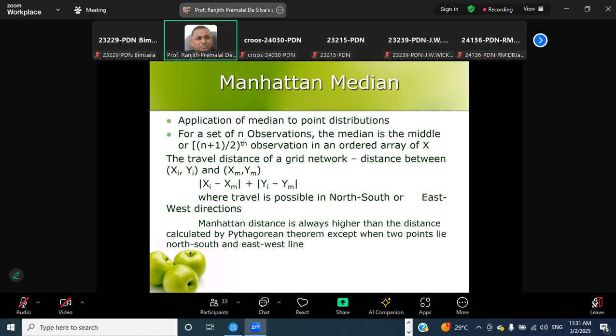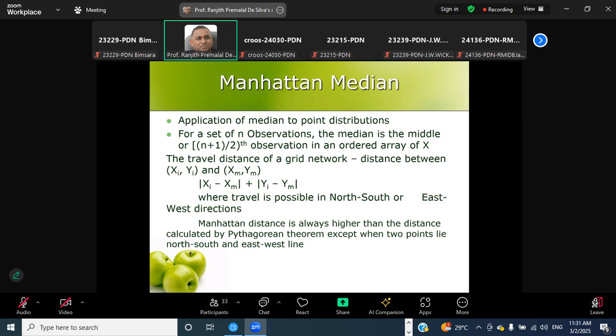The Manhattan median is the application of the median to a point distribution. For example, in the earlier case, the median center, we looked at the Euclidean distance. From one point to another point, you can go aerially, in a straight line.